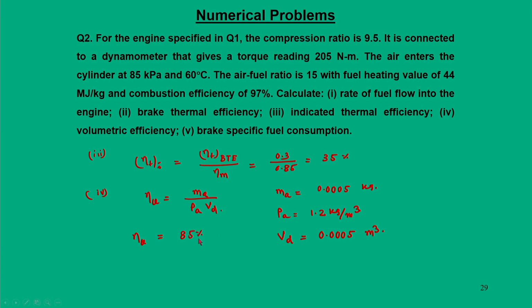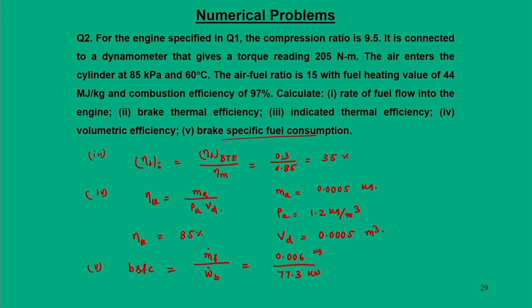The last part is brake specific fuel consumption, BSFC, that is nothing but the ratio m dot f divided by W dot B. So, m dot f is 0.006, already calculated, and W dot B is 77.3 kilowatt.